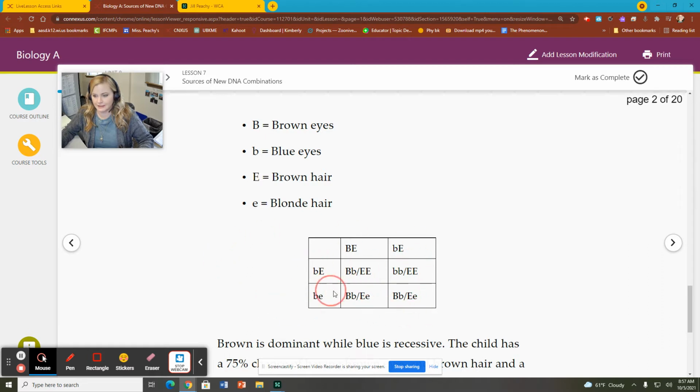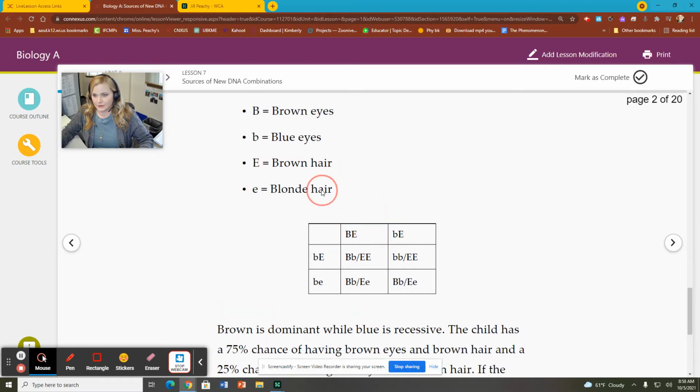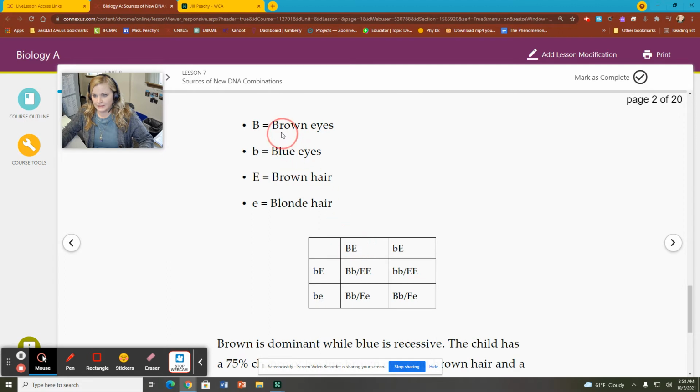I've never really seen anything like this before. It's a little bit like a dihybrid cross, but they do it all in 4 squares. What they're showing you is 2 different traits.